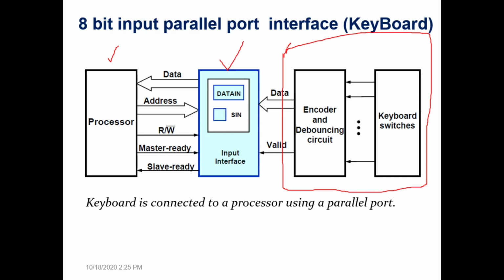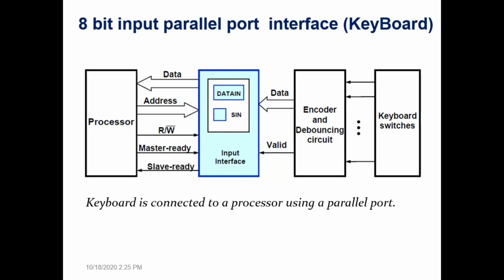Now here you can see the parallel port that is connected, which connects the interface circuit as well as the keyboard. That part is called the parallel port. This is an input port. The interface circuit receives data from the keyboard, so it is an input port as well as a parallel port.